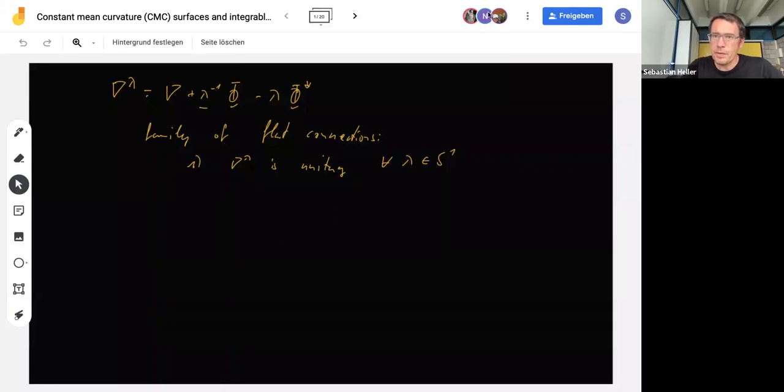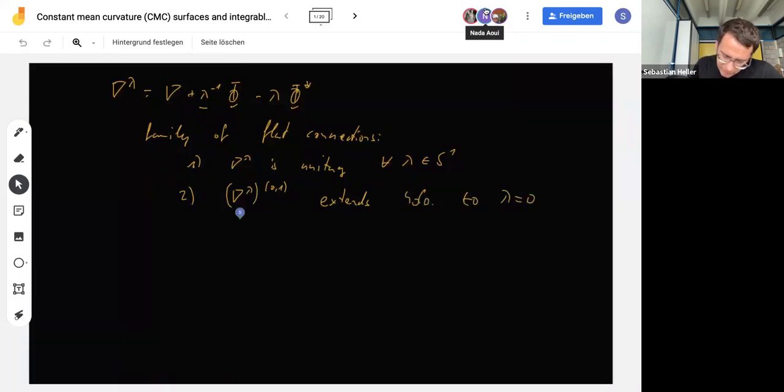The second important thing is if we look at the 0-1 part of these connections, then this extends holomorphically to lambda equals 0.